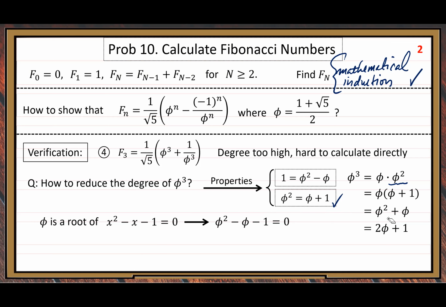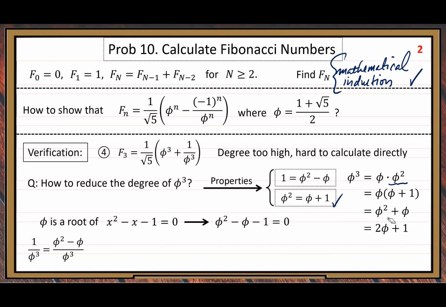So that's the first part. Then the second part, the reciprocal, 1 over phi cube. This one will be a little harder because phi cube is in the denominator. The manipulation will be more tricky, but let's try. First, we notice the numerator is 1. Can we apply property 1 for the golden ratio? Replace 1 by phi squared minus phi.